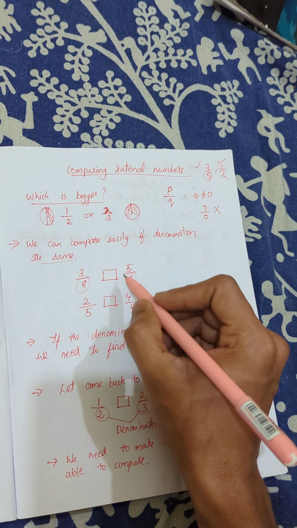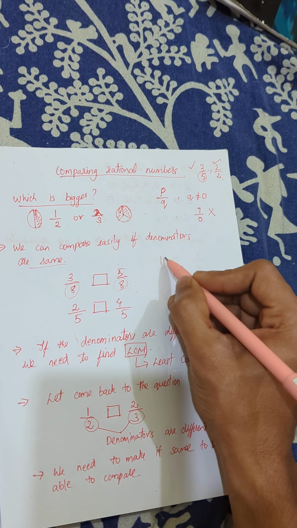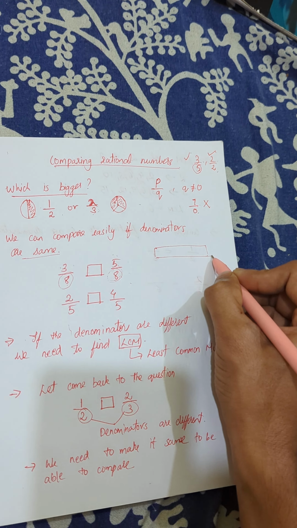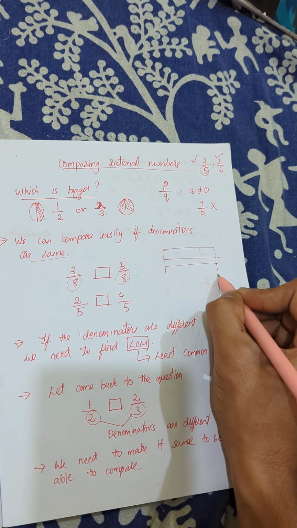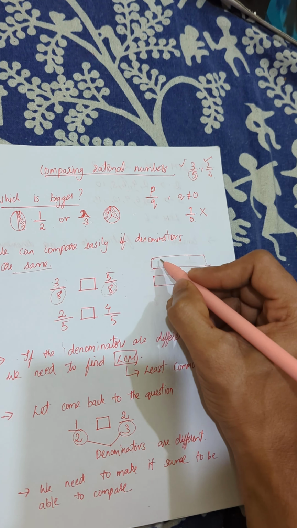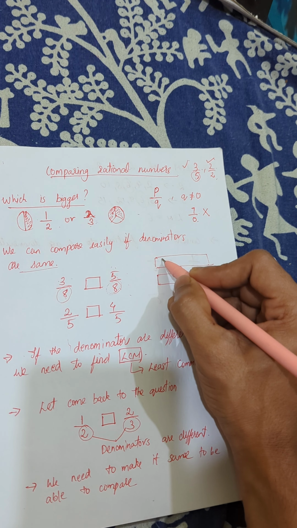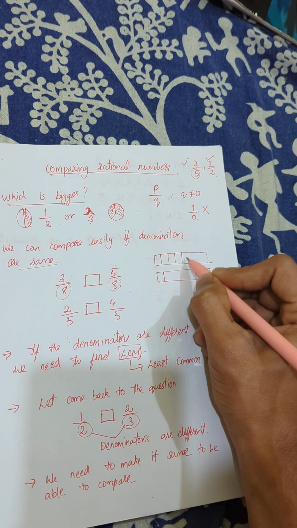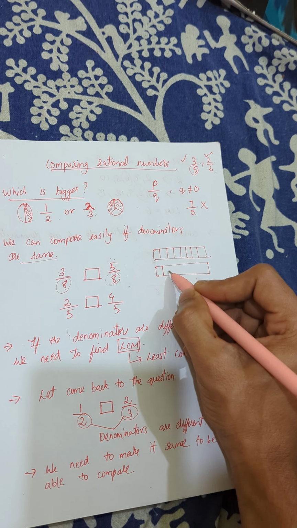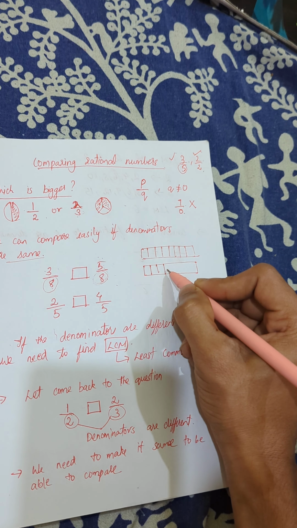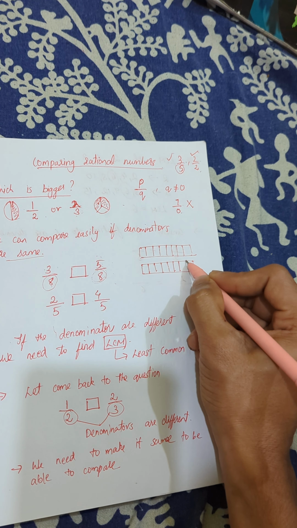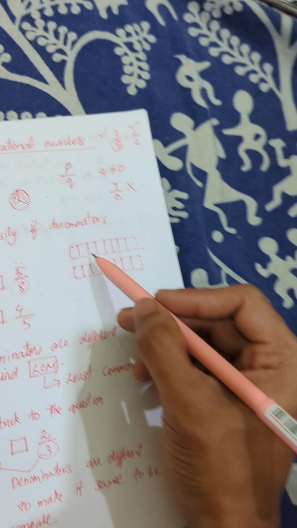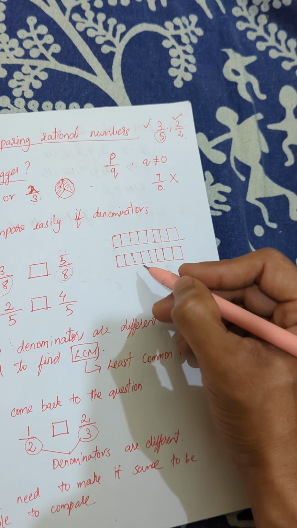Okay, let's see this visually. Look here, I'm drawing two same rectangles, and I'm dividing both of them into 8 pieces. 1 2 3 4 5 6 7 8. So both of these have a total of 8 boxes.